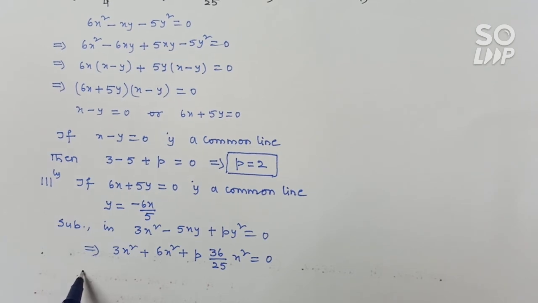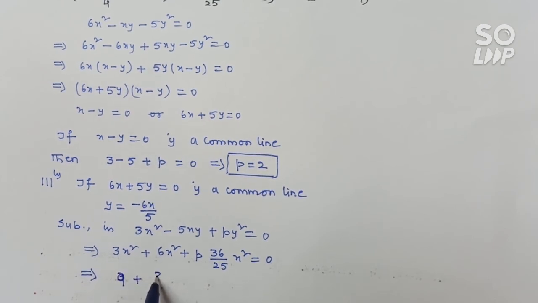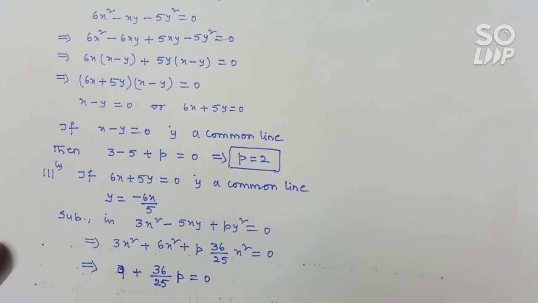Now here, x² times (3 plus 6, that is 9, plus 36 by 25 into p) is equal to 0. From this you can divide by 9.